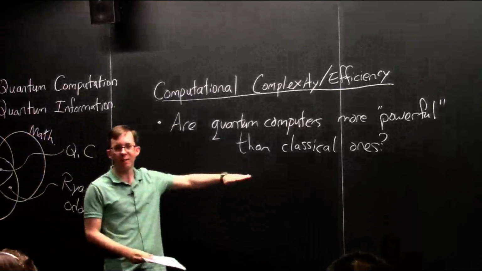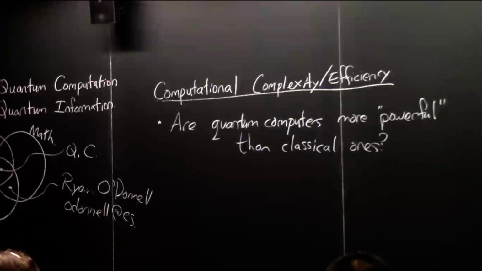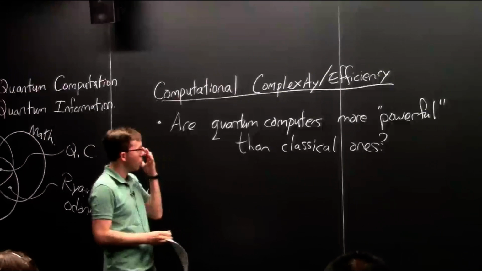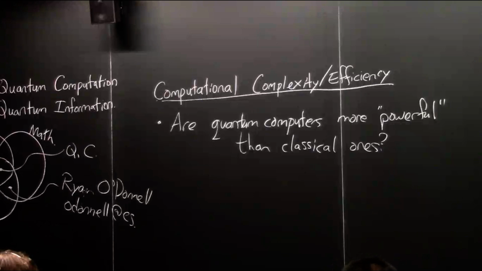And classical is just an adjective that means opposite of quantum or not quantum. Classical computers just mean regular, normal computers, such as you're used to. I'm sure you've at least heard a little bit about quantum computers, the potential for quantum computation. But one thing that we don't know for sure is whether, when they're built, they'll actually be more powerful than regular computers. We believe they will, but this is one thing that we'll take up in the class.